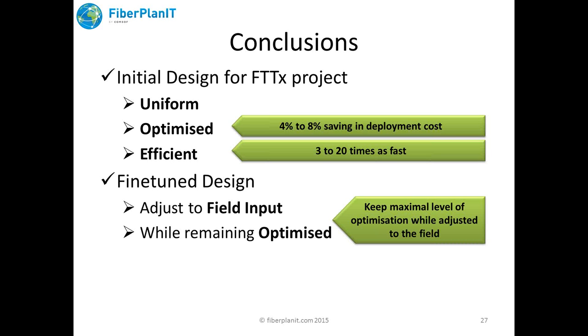On efficiency, we see also quite a broad range, but from 3 to 20 times as fast in the initial design stages by the use of the FiberPlanIT Designer. And also, very importantly, the remaining optimization levels in the fine-tuned design, which of course has a direct impact on the network to build, so is also very important.